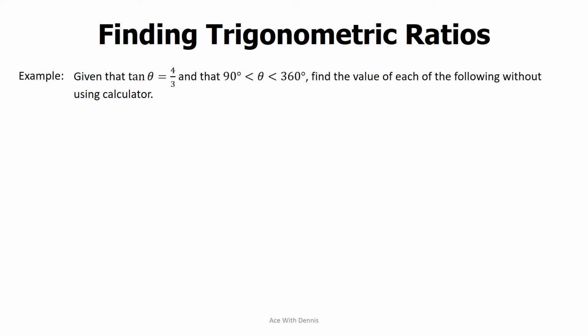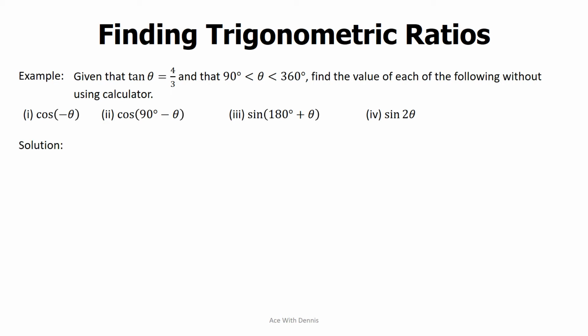Given that tangent theta equals 4/3 and that the range of theta is from 90 degrees to 360 degrees, find the value of each of the following without using calculator. 1. Cosine negative theta. 2. Cosine 90 degrees minus theta. 3. Sine 180 degrees plus theta. 4. Sine 2 theta.